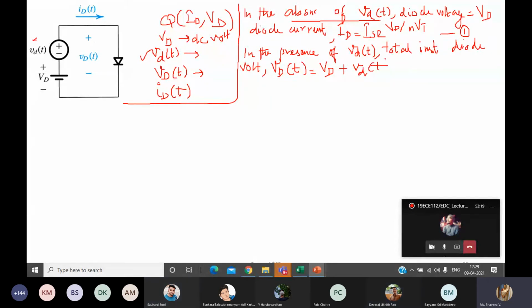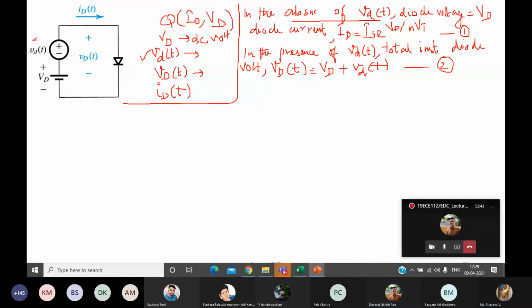No need to do by heart. If you listen to the class, that is sufficient. So, did you understand? When you superimpose a pure AC with pure DC, your instantaneous value of diode voltage vD of t will be equal to capital VD plus small vd of t. Did you understand? Yes, ma'am.